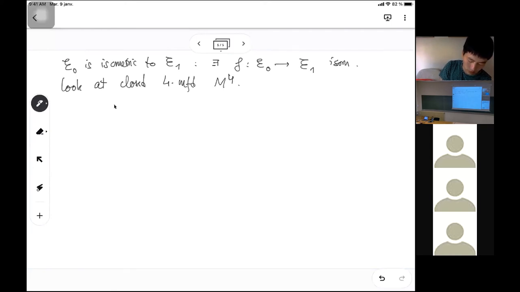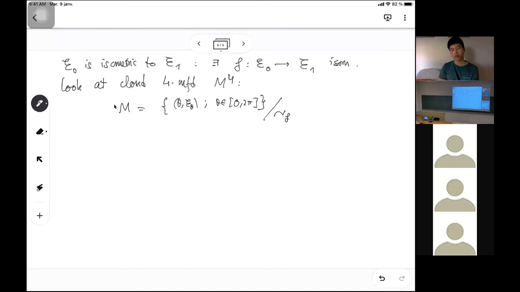That is defined by M being all this family of E theta, but then you quotient by this relation where, let's see, (0, x) is equivalent to (1, f(x)).